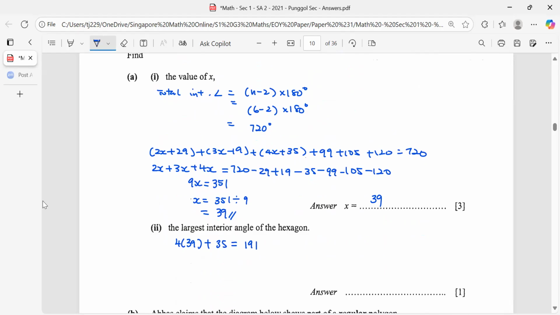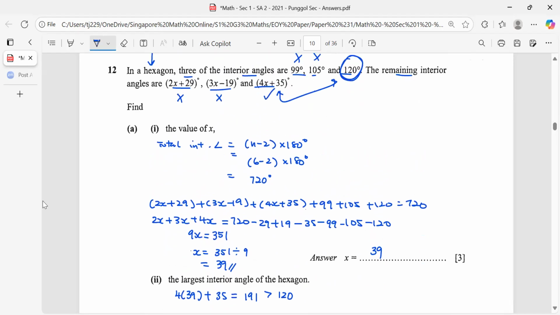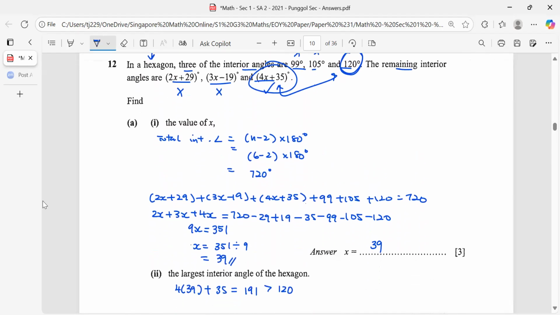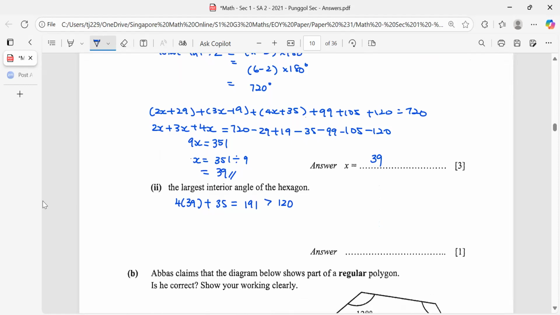Oh, 191. Okay. And it is greater than 120. So the largest interior angle is indeed 4x plus 35. So I'm going to put it down, 191 degrees. All right. Moving on.